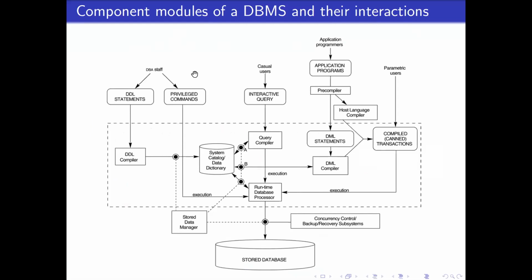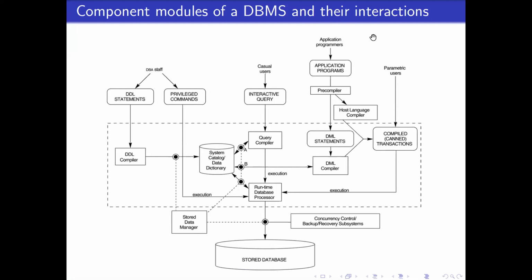For example, we have database administrators, casual users, application programmers, and parametric users. General users we call parametric users, like customers. They execute only a predefined set of queries, what we call canned transactions.